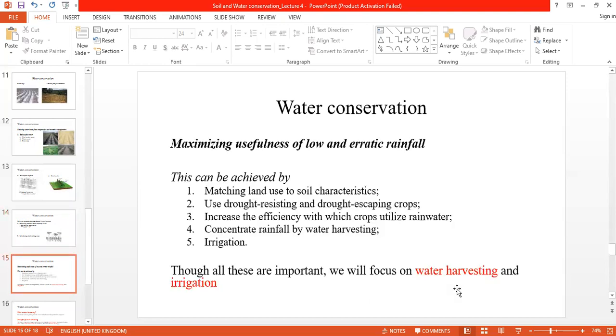Then the last one which we talked about was maximizing the usefulness of low rainfall. Like I said, you can just match the land use to the soil characteristics.